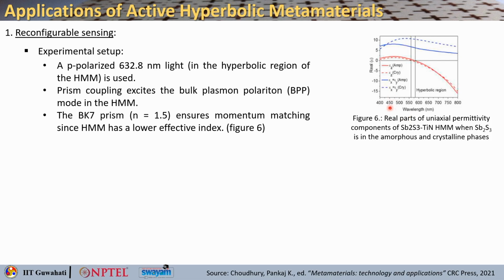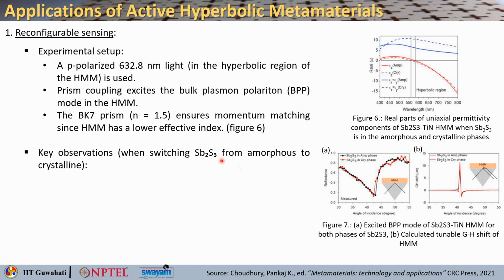Now, this is the wavelength range, and beyond this particular wavelength, this is becoming negative. That means you can consider this region as your hyperbolic region, where one permittivity is negative and the other permittivity is positive. So, this is the typical hyperbolic region which you will be interested in, right.